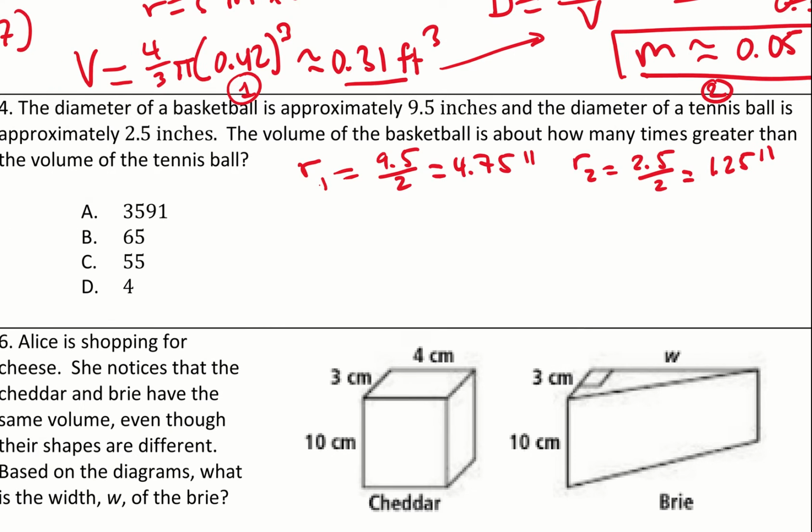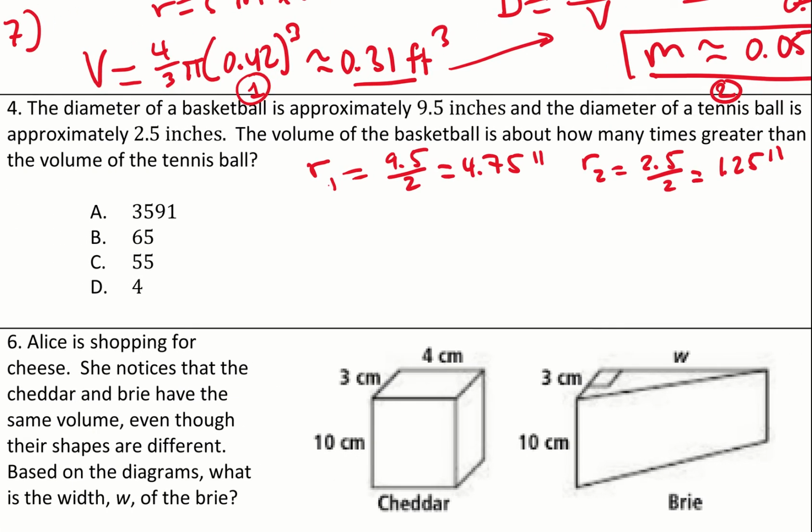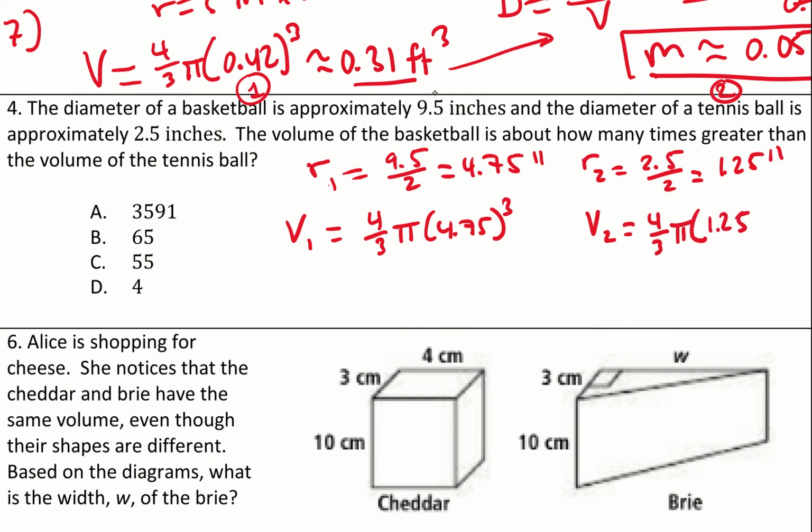Now the volume of the basketball is how many times greater than the volume of the tennis ball? Well, the volume of sphere 1 is 4/3 pi times 4.75 cubed. And the volume of the tennis ball is 4/3 pi times the radius of the tennis ball cubed.